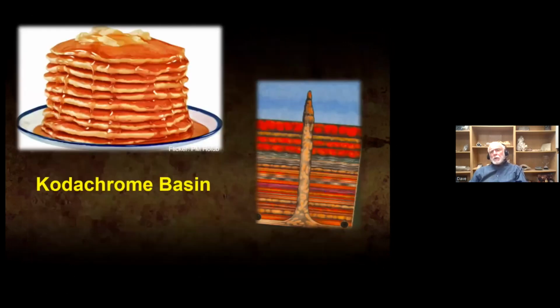Now let's go to another spot, Kodachrome Basin in Utah. And there you find the one rock pipe of sandstone coming up, pushing its way through all of those supposedly 30 million years of geologic history. How did that happen?